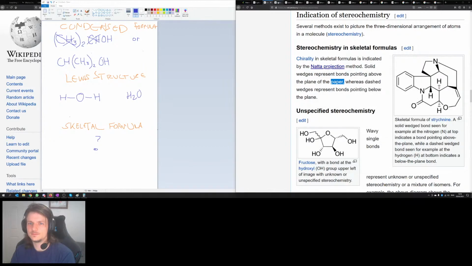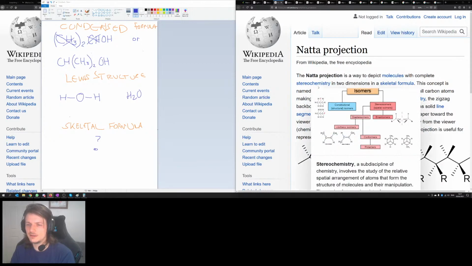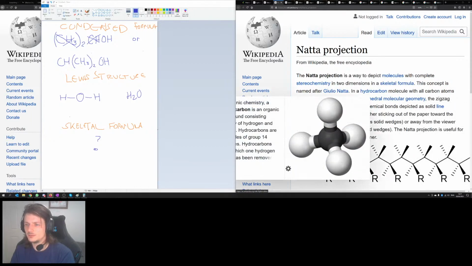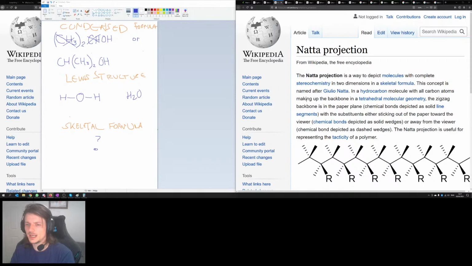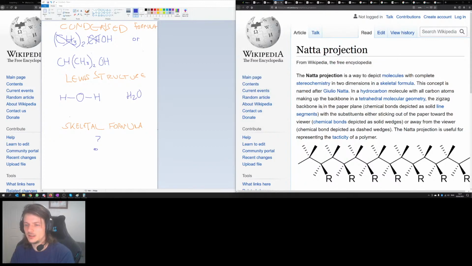Natta projection. The Natta projection is a way to depict molecules with complete stereochemistry in 2 dimensions in a skeletal formula. This concept is named after Giulio Natta. In a hydrocarbon molecule, with all carbon atoms making up the backbone in a tetrahedral molecular geometry, the zigzag backbone is in the paper plane.